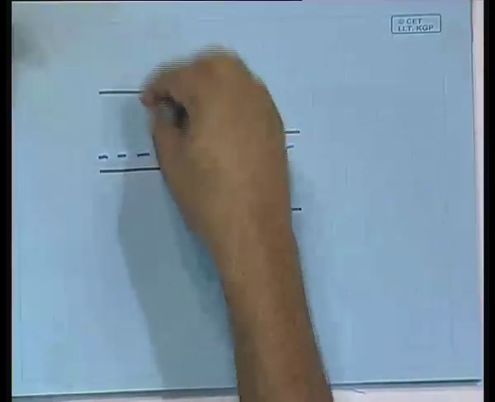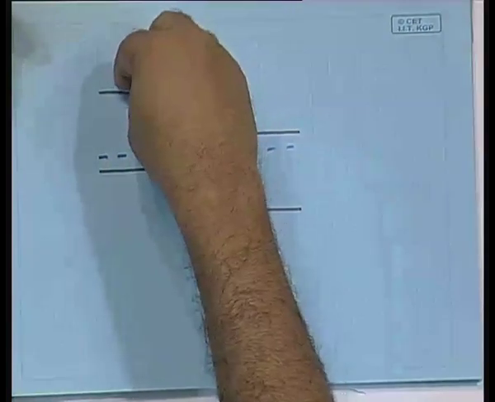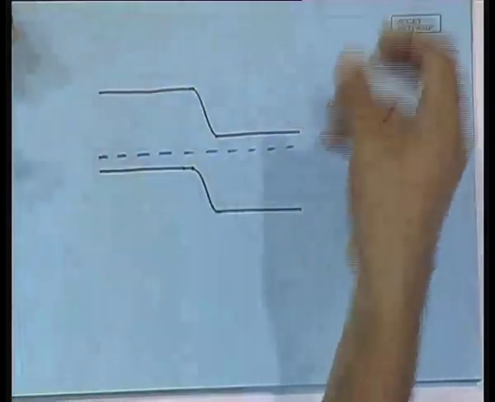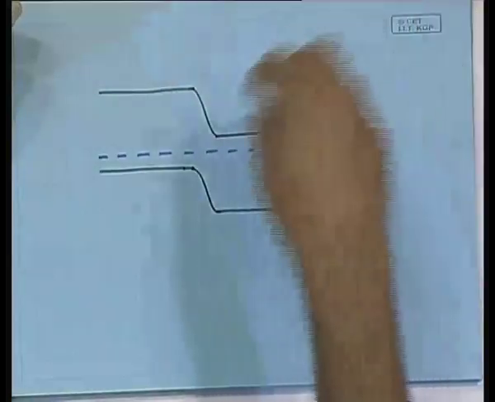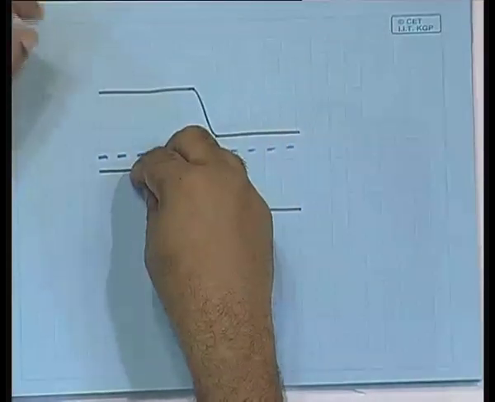Electrons are knocked off from their positions to make them free. As a result, you have an electron going to the conduction band and a hole. Naturally, when an electron is knocked off, it leaves behind a hole. So, the hole goes to the valence band. So, in other words, it results in the creation of an electron hole pair. Now, imagine what will happen if an electron hole pair is created somewhere here.